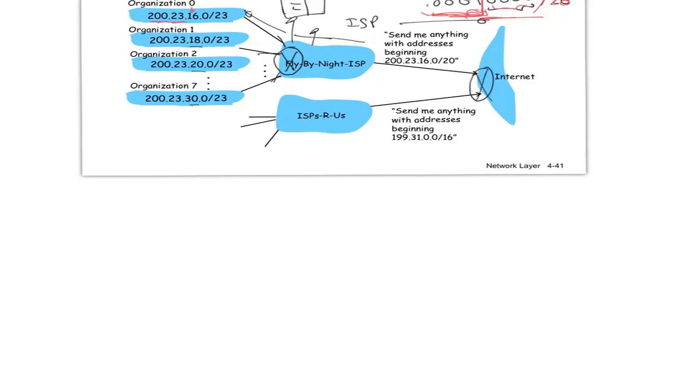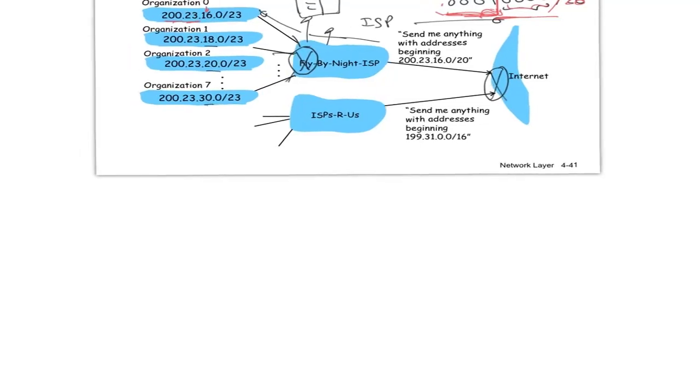So I will assign to QU the address 200.23.16.0/20. Then inside QU, I can subdivide this big range of IP addresses into 16, 17, 18, whatever. And by increasing the subnet mask from 20 to 23, I can provide distinction between these subnets.